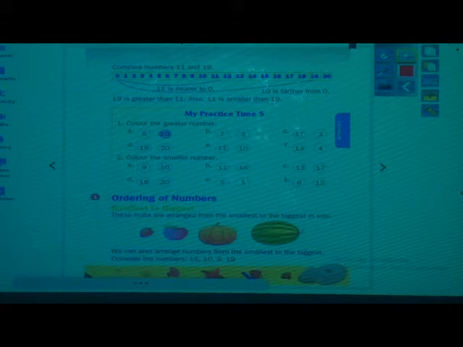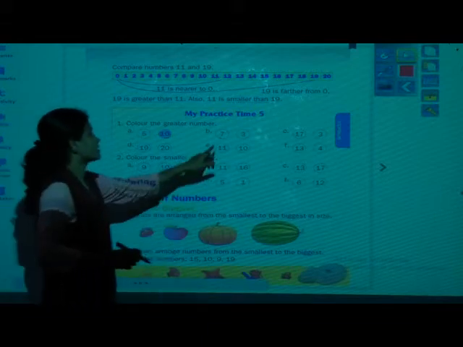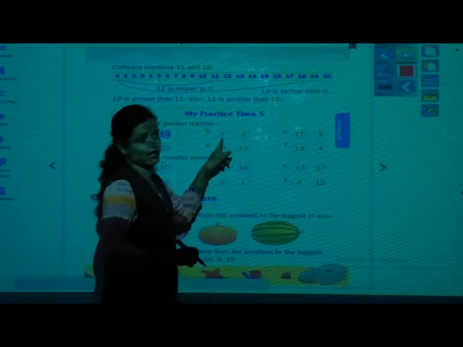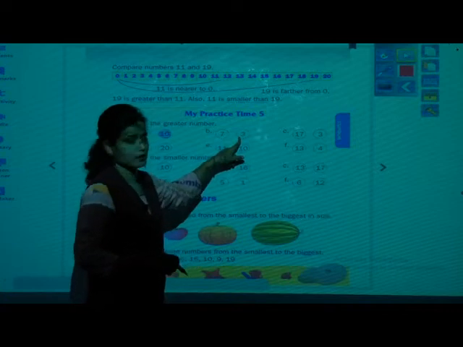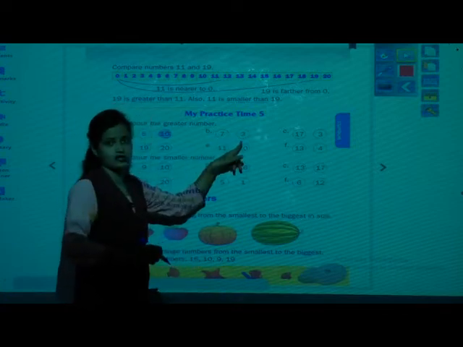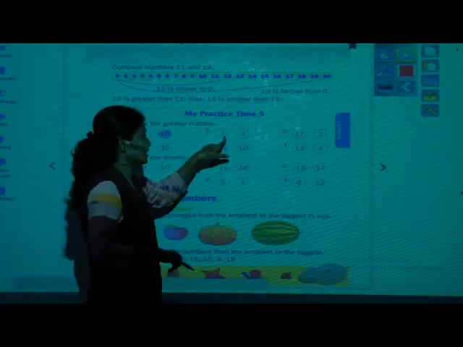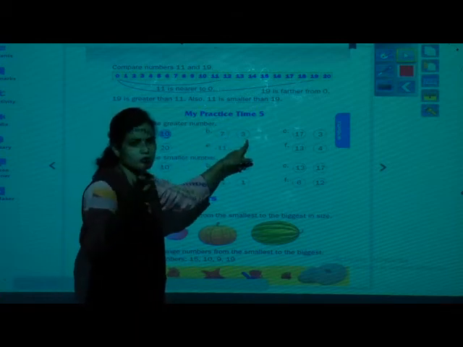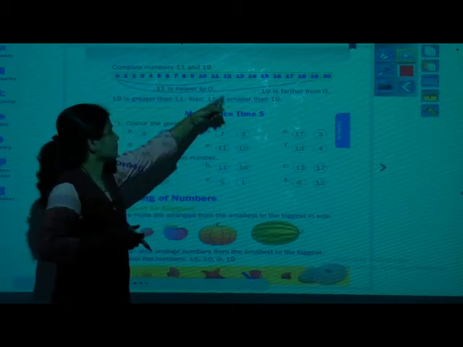Now next, 7 and 3. Which is greater between these two? Among these, which is greater, 7 or 3? Who is near to 0? You can use this number strip.